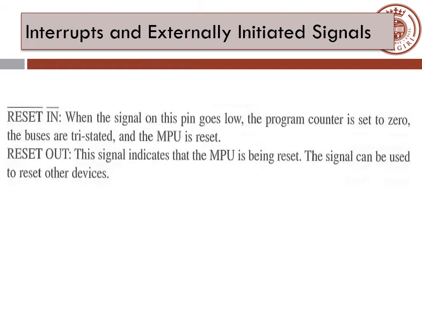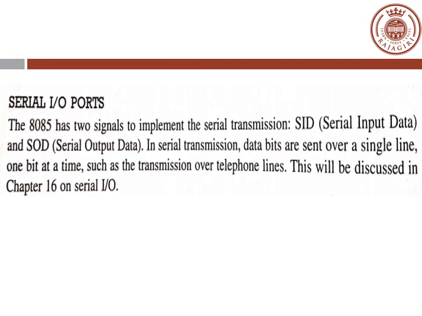All the buses are made tri-stated and the microprocessor is reset. After the microprocessor is reset, it makes the other devices get reset. So it gives a RESET OUT, which is an output pin. This signal can be used by other devices to get reset.